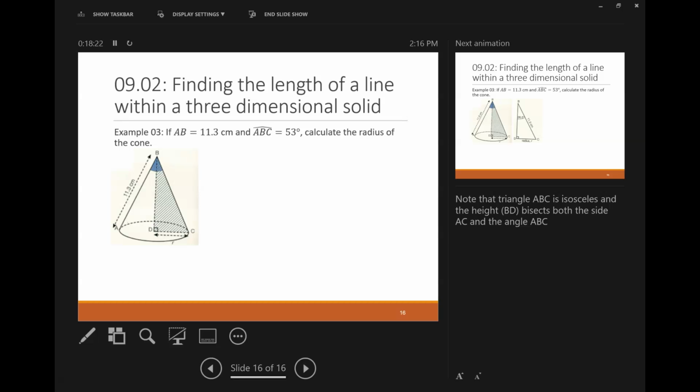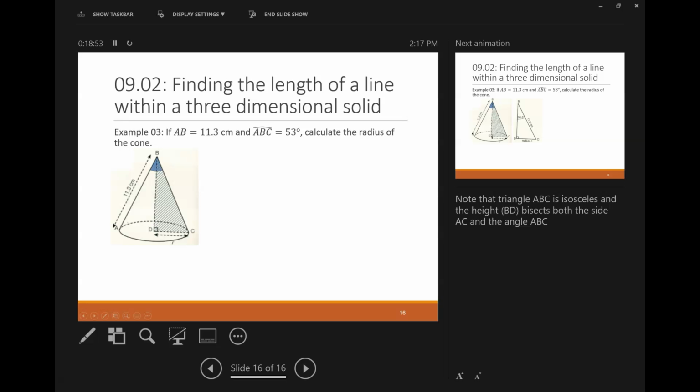Because BD is the height. So this segment can be perpendicular without it being an angle bisector. If I look at the triangle ABC, what kind of triangle is this?